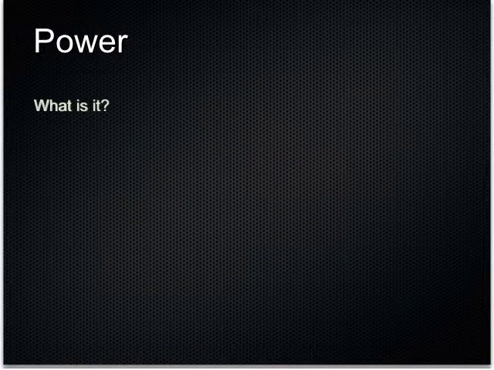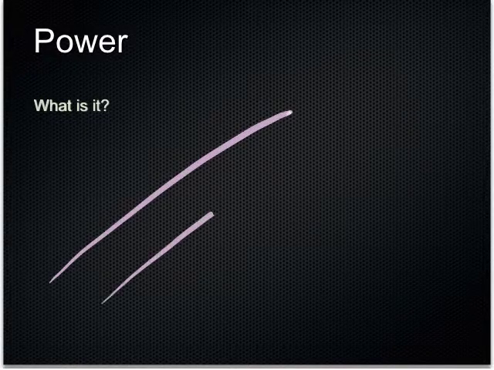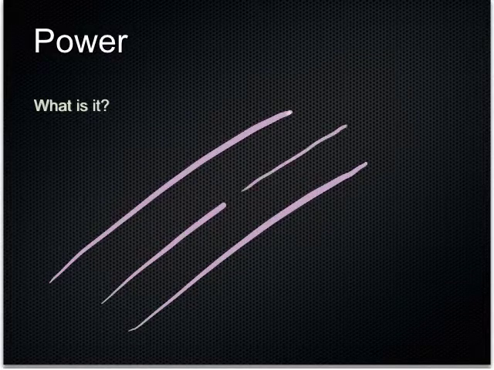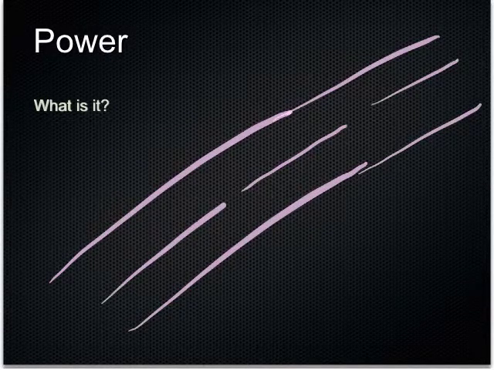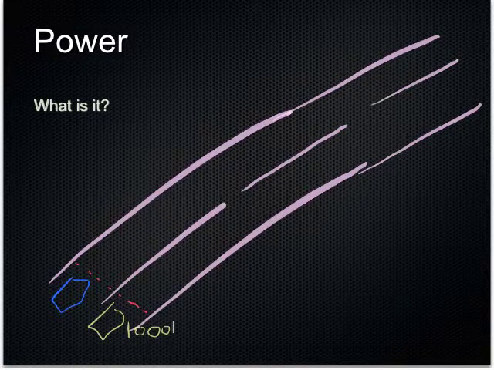Now power, what is power? Let's say you had a road, and we have a start line, and we have two vehicles. One of the vehicles has a lot more power than the other, but they both have the same mass. So let's say they're both 1000 kgs.